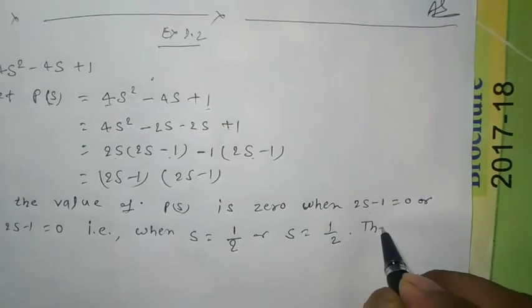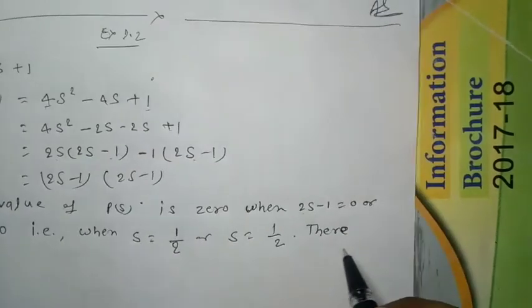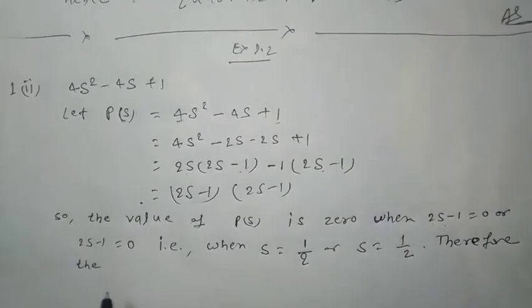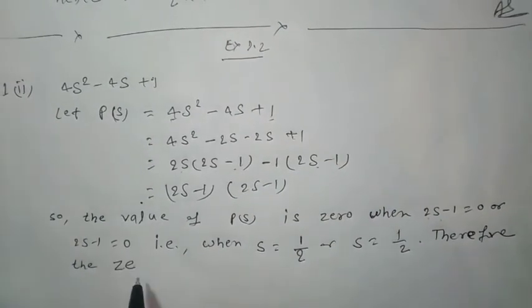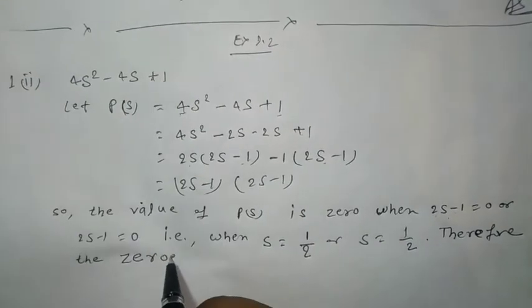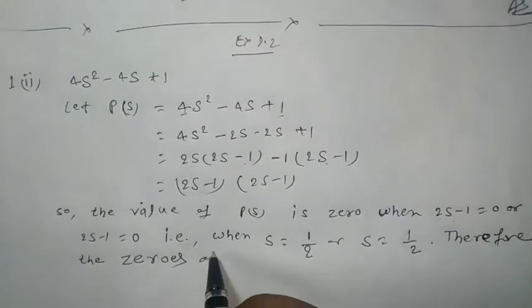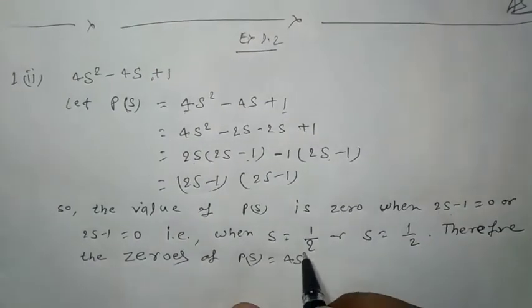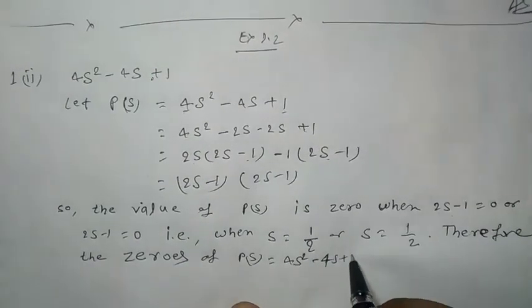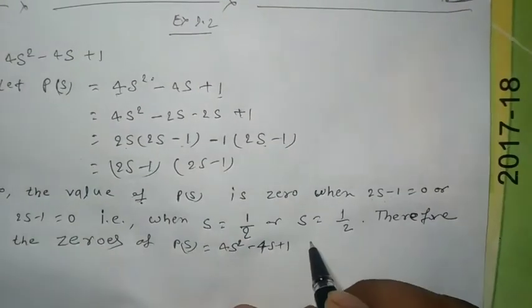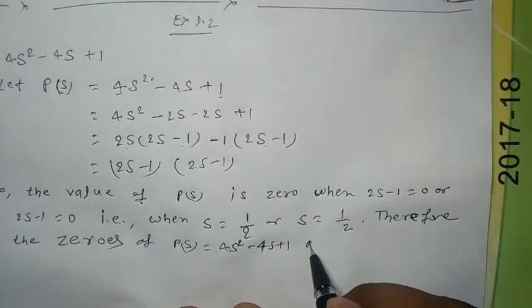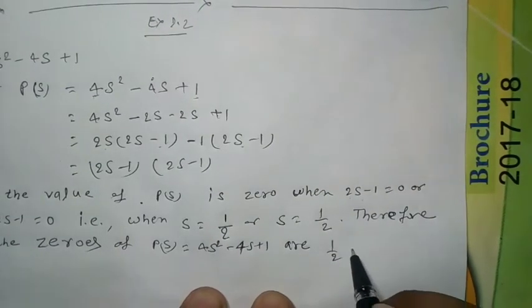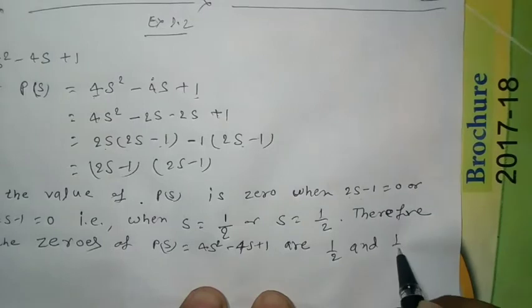Therefore the zeros of P(s), it means of 4s square minus 4s plus 1, are 1 by 2 and 1 by 2.